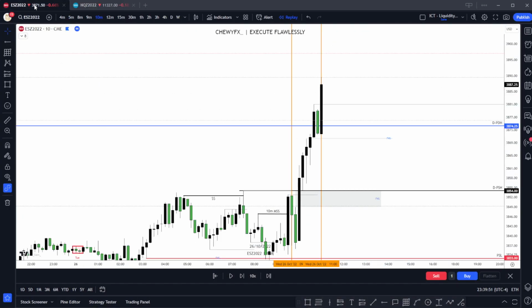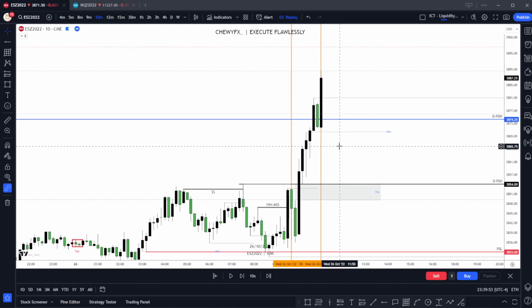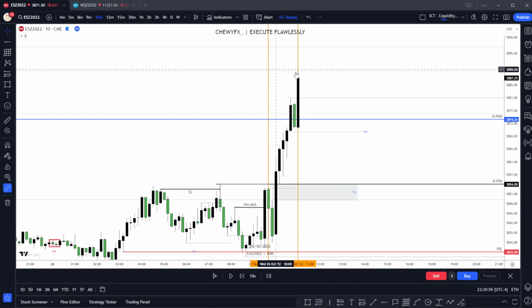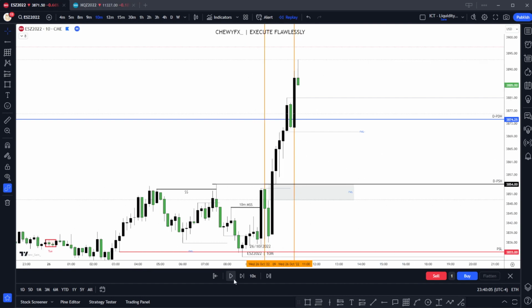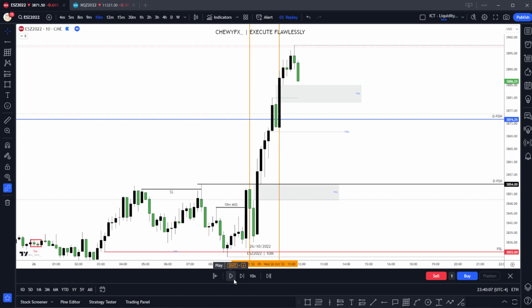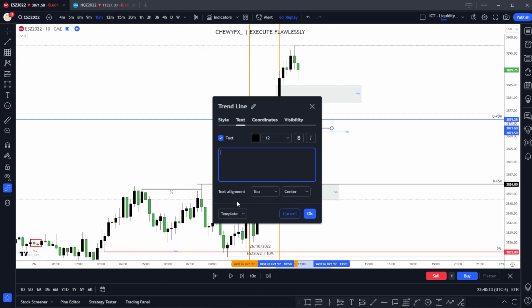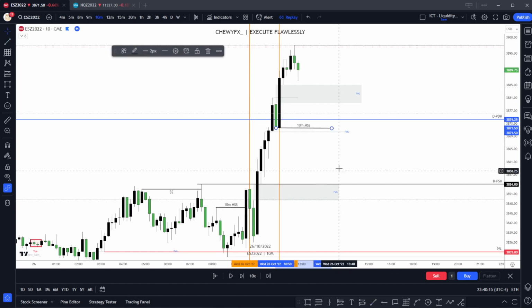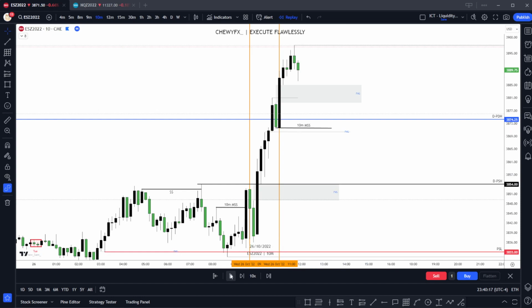Okay, so if we go back to ES here, we're either looking for a reversal sell or a continuation EM3. Considering how NAS is moving, it's possible that an EM3 is going to occur here. We just have to see what happens. We just want to draw up this 10-minute here as well, just in case an EM2 does occur.